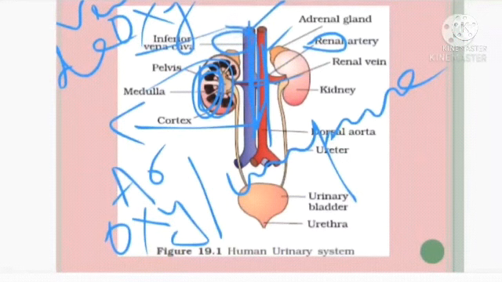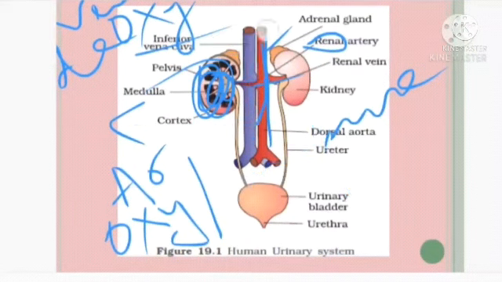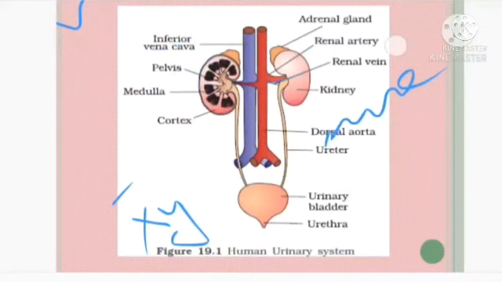Last class we discussed: the vein carrying blood from the bottom we call the inferior vena cava, and from the top, the superior vena cava. This vein is carrying deoxygenated but pure blood. Pure, because the filtration process is over and pure blood is coming into the vein.